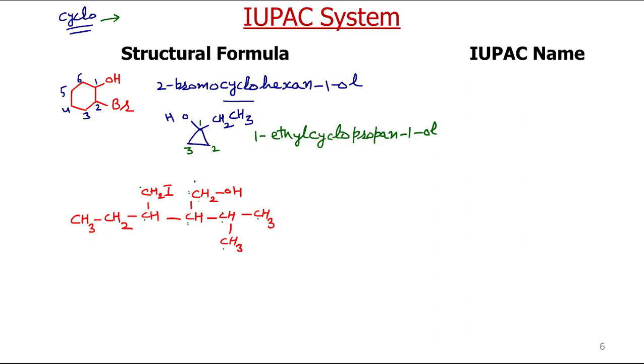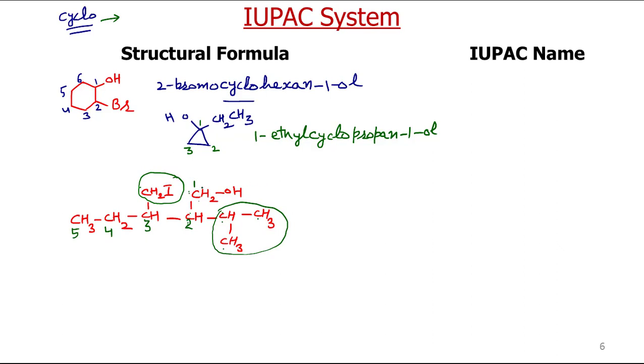Now if we start from here, 1 2 3 4 5, this is our longest chain, so we will consider this chain as our parent chain. Now it has 2 substituents, and their names will be given as prefixes.